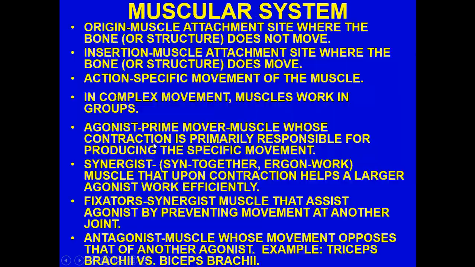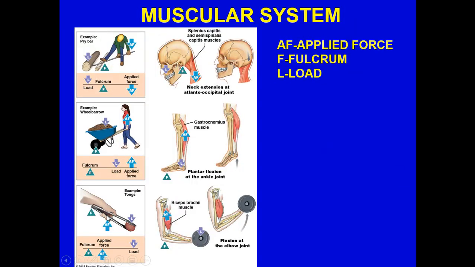Now, the last one is the third class, which is very common in the body. You have, of course, the fulcrum, the applied force, and the load. They use an example of tongs. Let's use the example of the biceps brachii muscle. Now keep in mind that we've talked about this before: origin, insertion. So where is this inserted? That's where the bones are going to move.